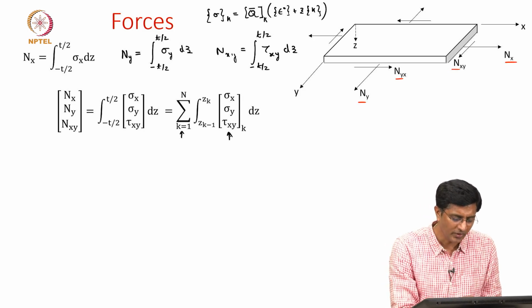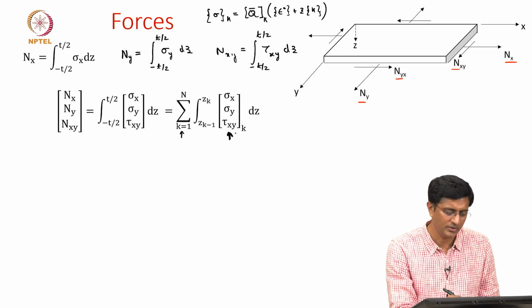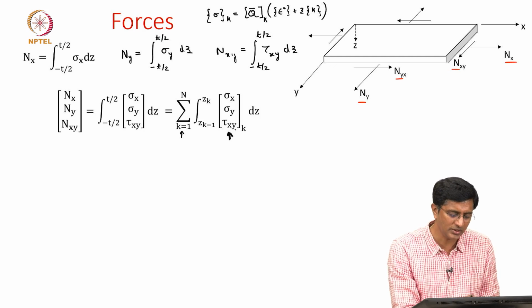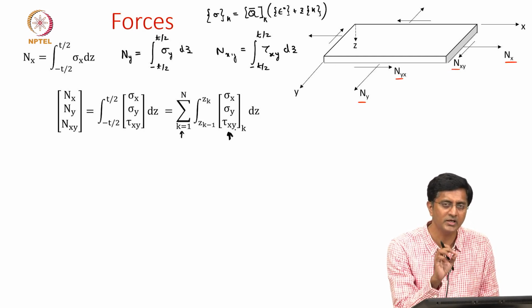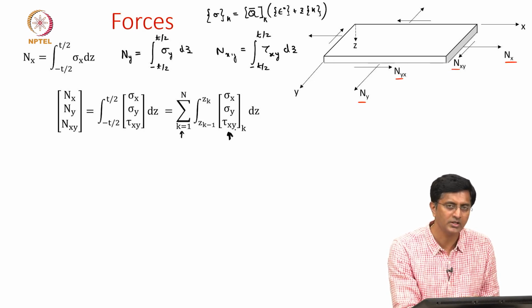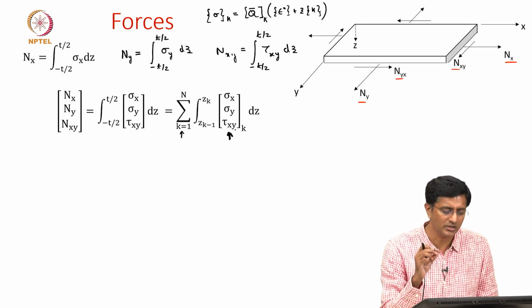Can I take it out of the integration? The answer is yes, because this integration is with respect to dz, but the stiffness matrix within a layer is not a function of z. So we can take it out of the integration, but we cannot take it out of the summation because for each layer these Q values are different.